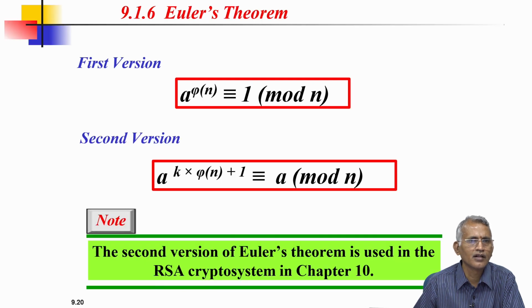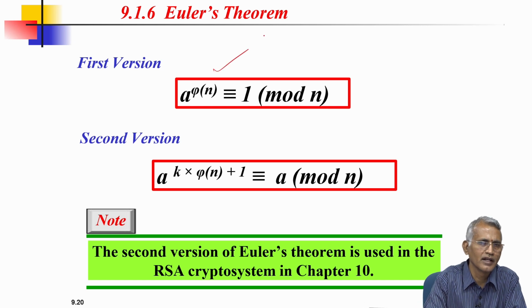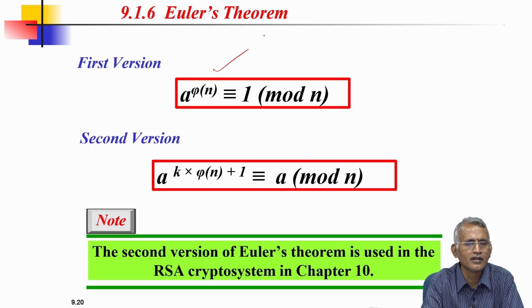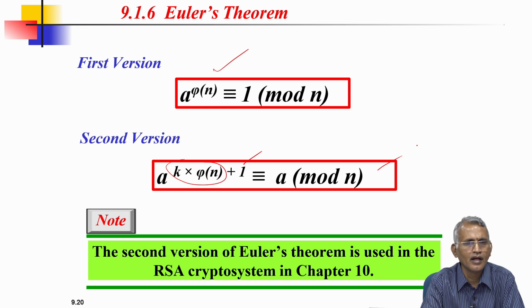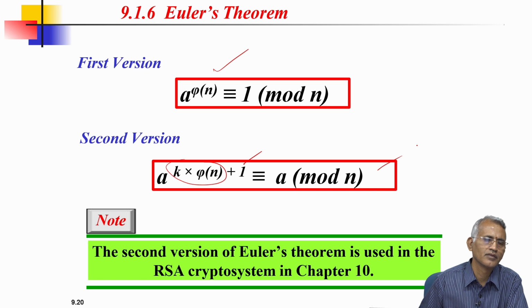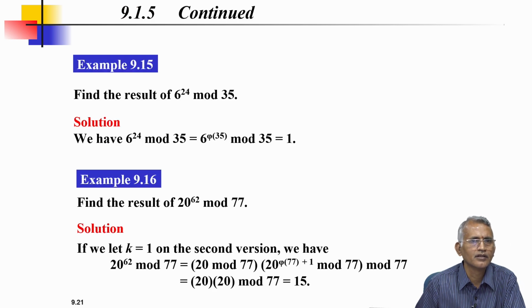For the first version of Euler's theorem, a power totient function of n is identically equal to 1 under modulo n, and in the second version we multiply phi of n by k and then add 1, which is identically equal to a under modulo n. This will be very useful in the cryptosystem of the next unit, where this version of Euler's theorem is used in the RSA cryptosystem of the next chapter.